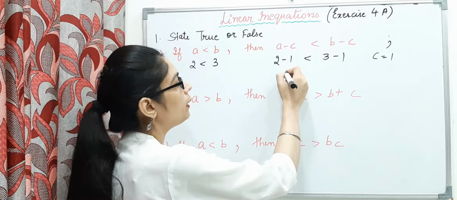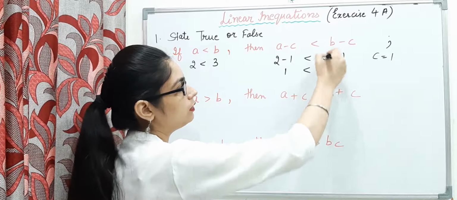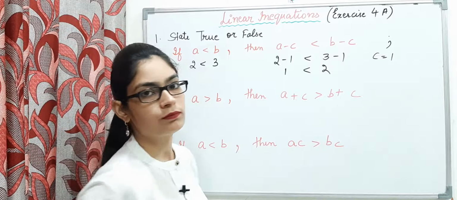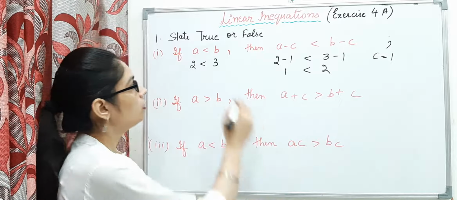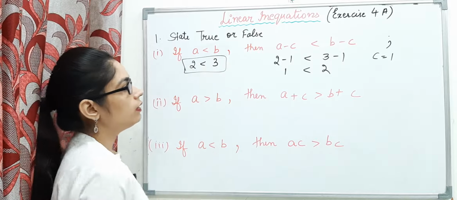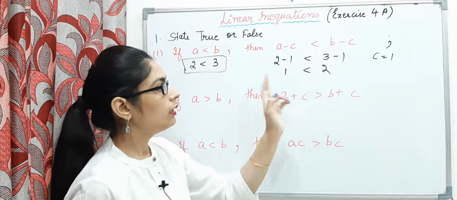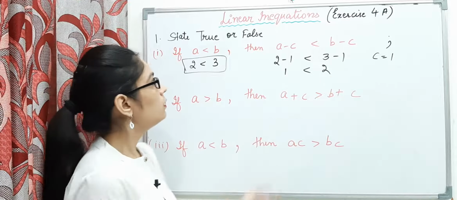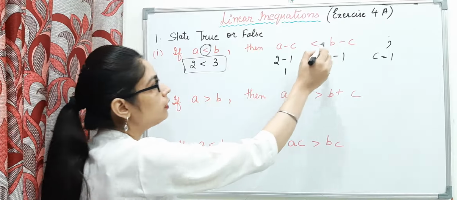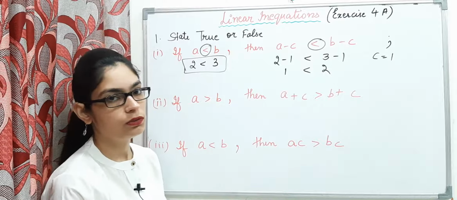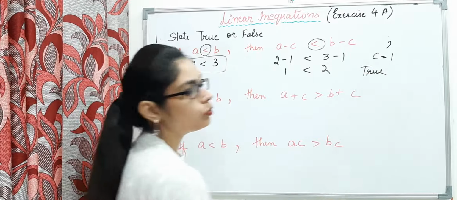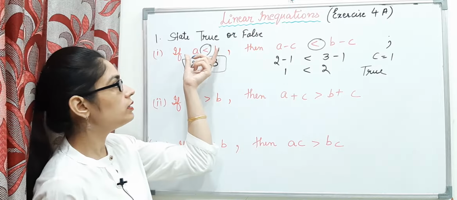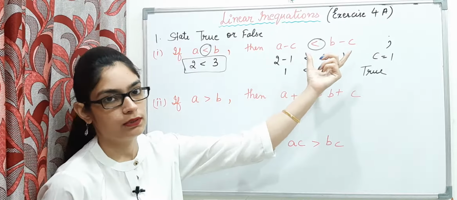So 2 minus 1 is less than 3 minus 1. 1 is less than 2. This is also true. So if 2 is less than 3, then 2 minus 1 is less than 3 minus 1. Sign of the inequality will remain the same. They have also given the same. So this is true.